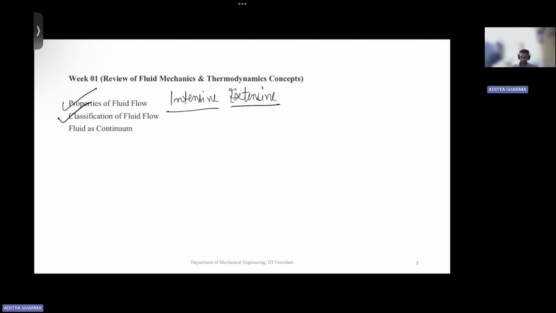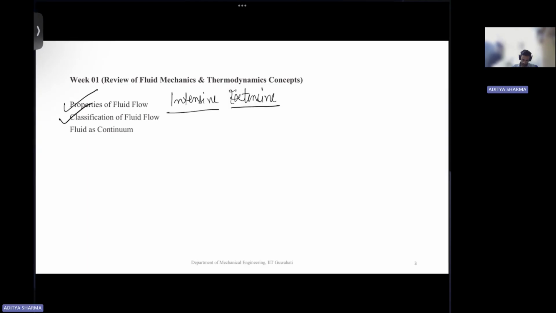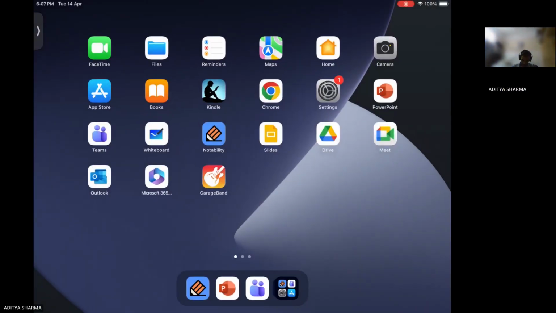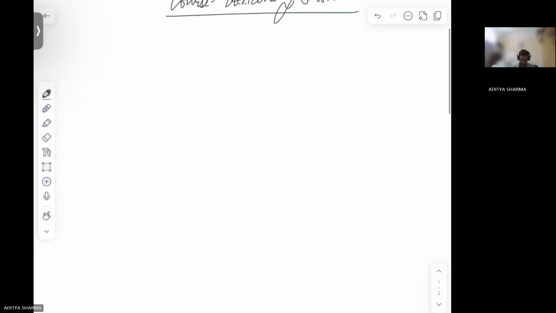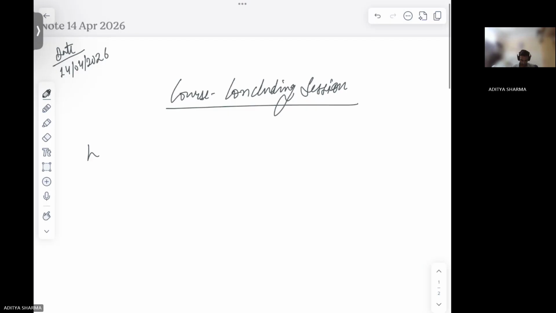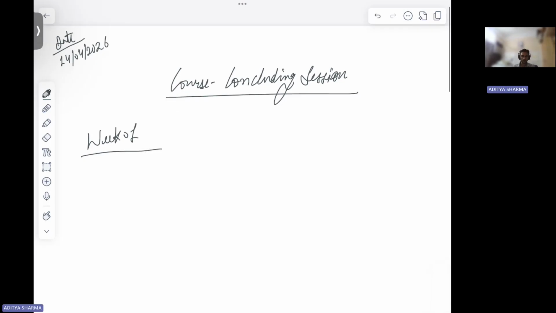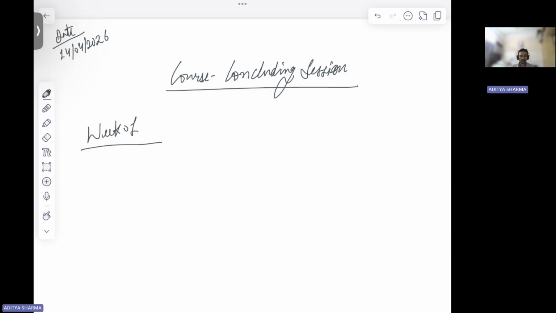Then classification of fluids was done. So different classes like inviscid and viscous flow, right?